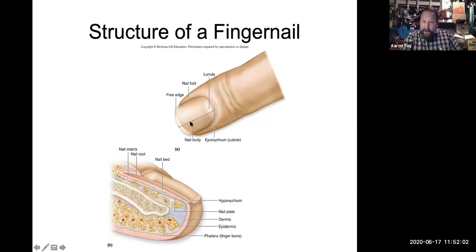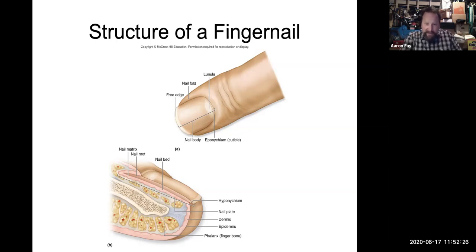Over here, underneath the nail body, you can see blood, so it's going to be a little bit pinker. In the lunula, this is a thickened area of epidermis, so you will have more tissue covering that blood, so it will be lighter in appearance. That's what that structure is.